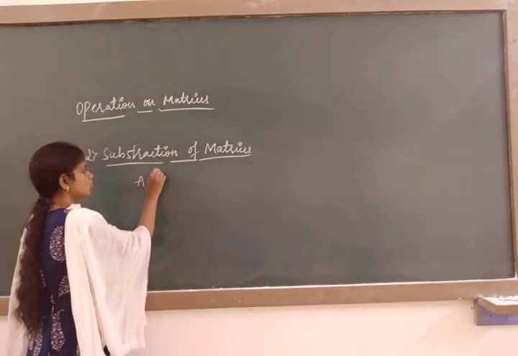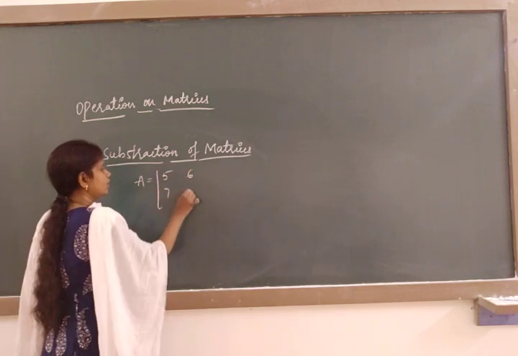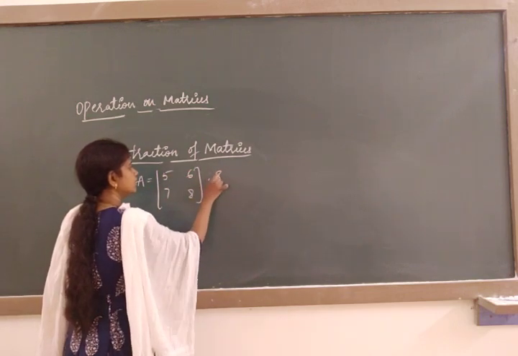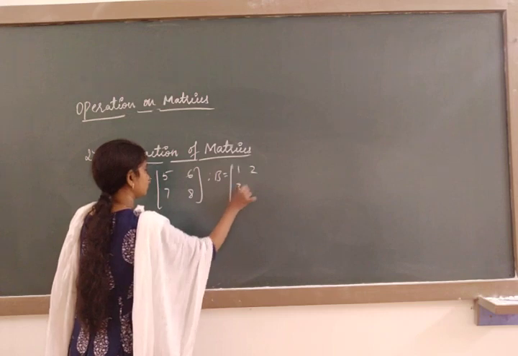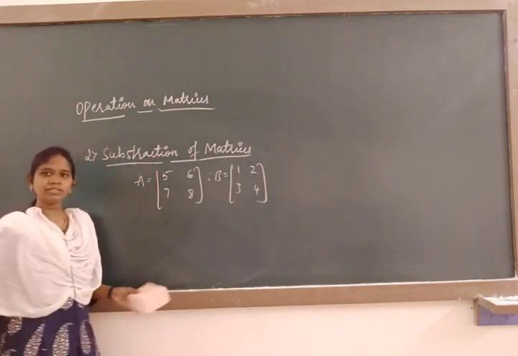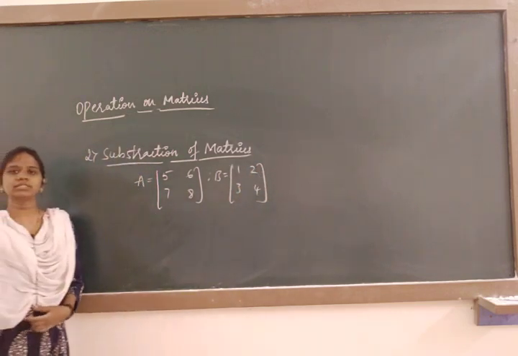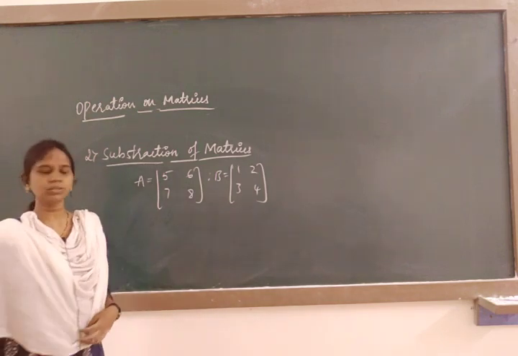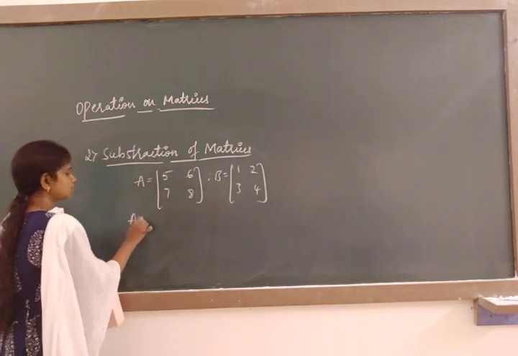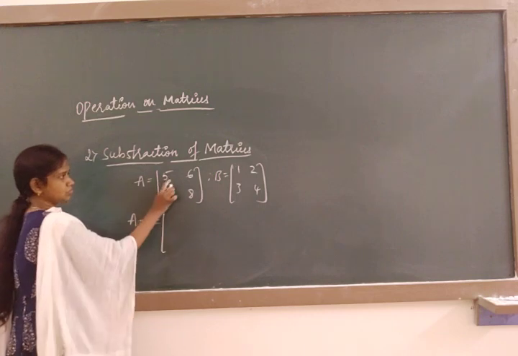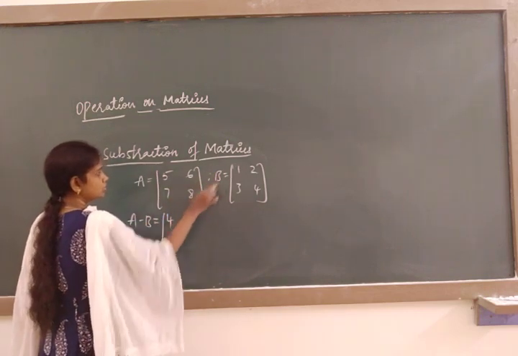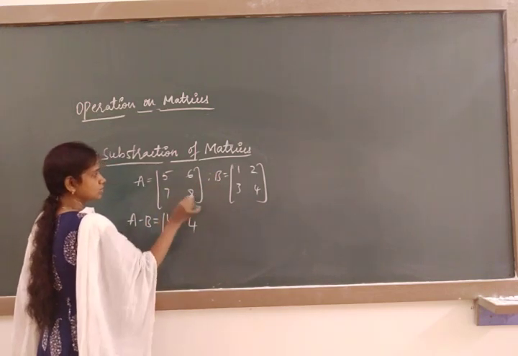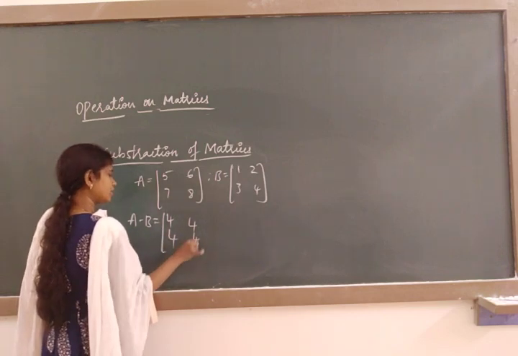If A is equal to 5, 6, 7, 8, B is equal to 1, 2, 3, 4. Now look at the example, is it of same order? When the orders are same, matrix subtraction is possible. Then A minus B, corresponding elements to be subtracted. 5 minus 1, 4, 6 minus 2, 4, 7 minus 3, 4, 8 minus 4, 4.